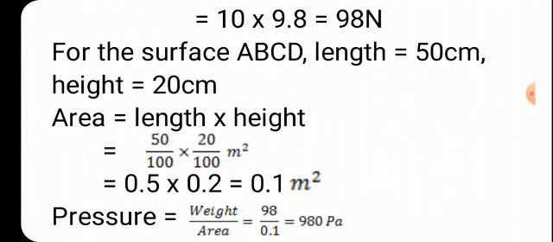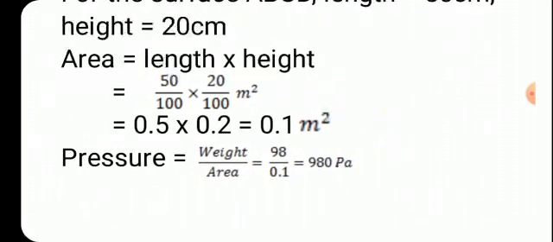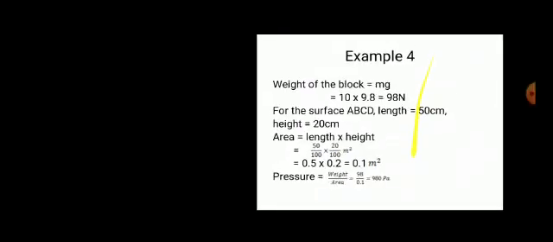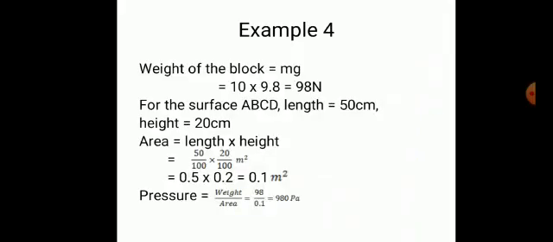Now here see, I have converted centimeter into meter by dividing the number by 100. 50 upon 100 multiplied by 20 upon 100. So the zeros get cancelled and 0.5 multiplied by 0.2 is 0.1 meter square. Now pressure is equal to weight upon area, 98 divided by 0.1 and when you remove decimal point from denominator you will get answer as 980 Pascal. So pressure exerted by surface ABCD is 980 Pascal.